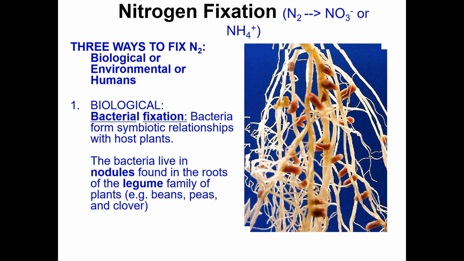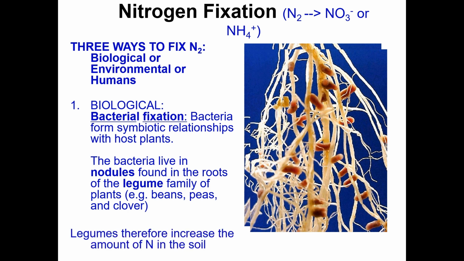The first way is biological, in which the bacteria in the root nodules of certain crops like beans and peas help the nitrogen get converted into nitrate or ammonium. Remember, legumes are a family of plants where N2 is converted into nitrate and ammonium.